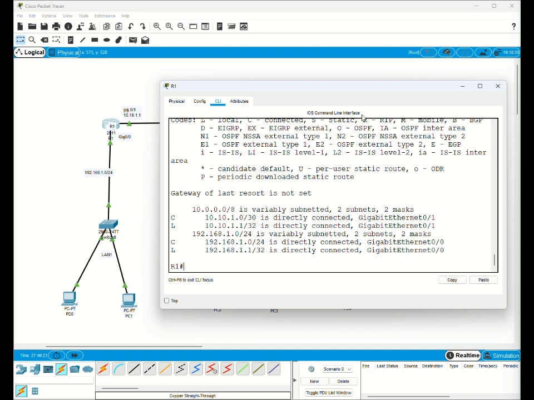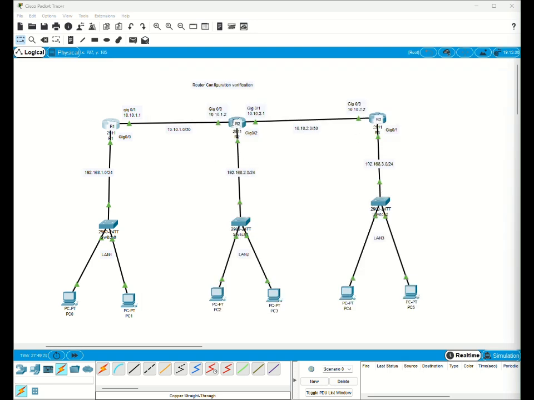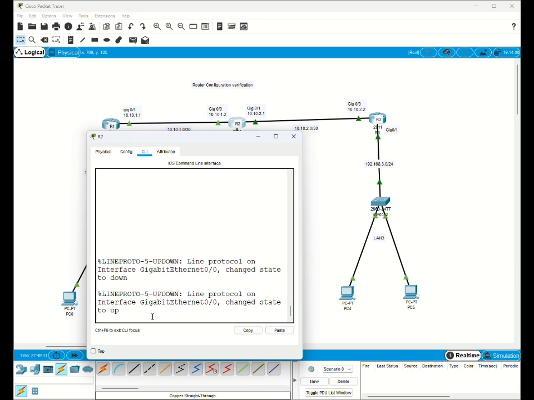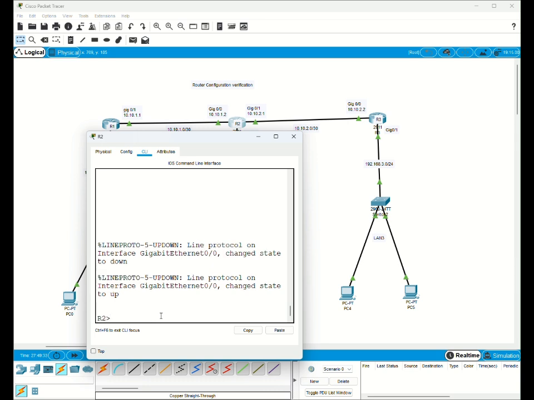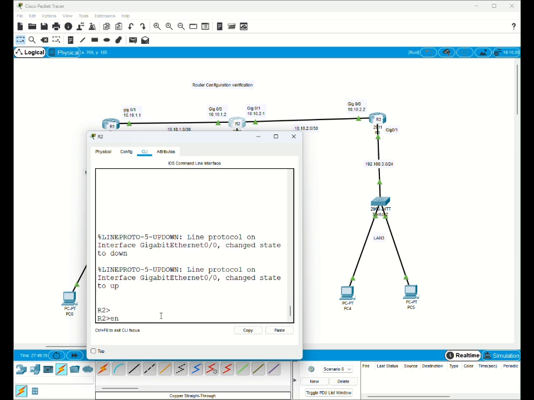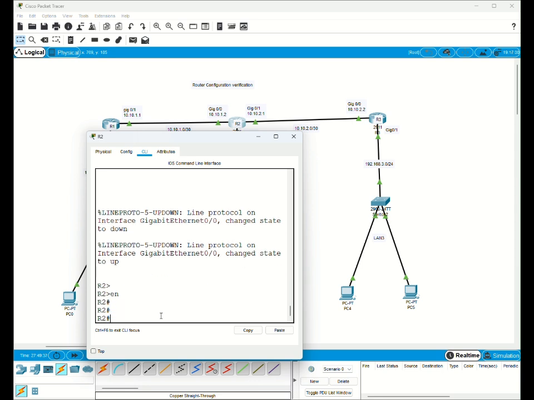Okay, let me go to router 2 and see if that's the same thing, because I did power off this machine. Show ip route.